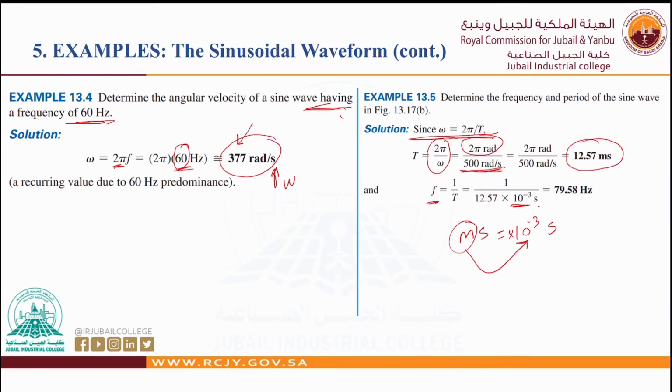For kilo, we multiply kilosecond by 10 to the power 3, which we don't have here, we have milli. Microsecond is multiplying by 10 to the power minus 6 seconds. So we don't need kilo because we don't have it for seconds. We use only millisecond, microsecond, and seconds.